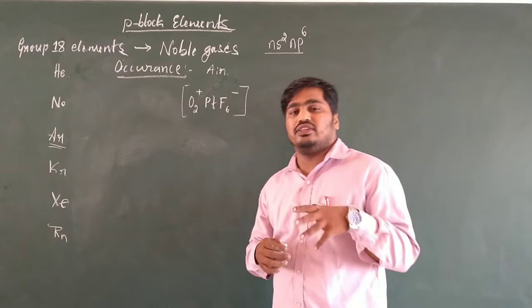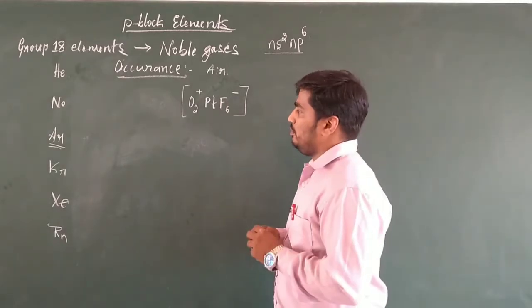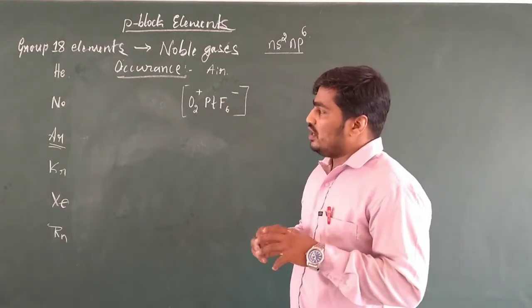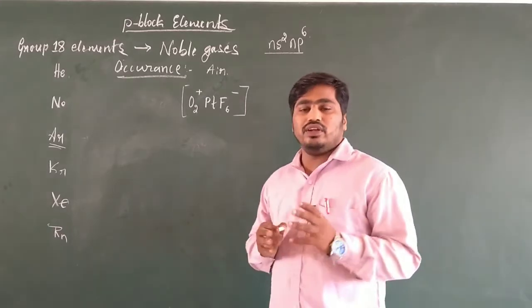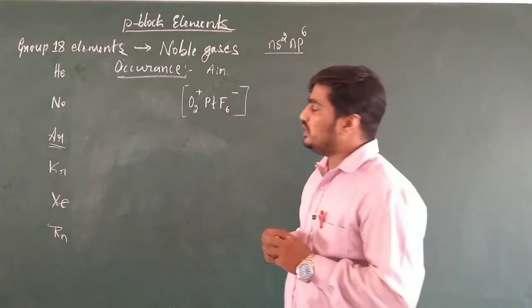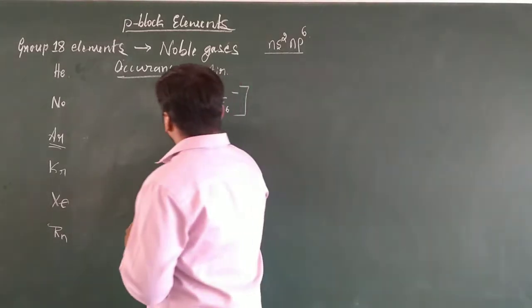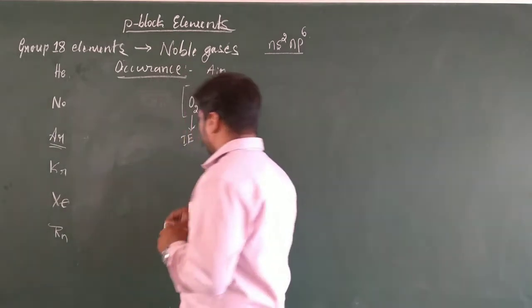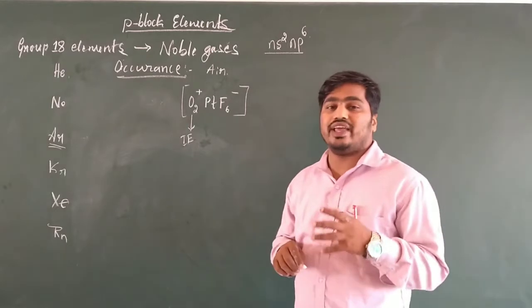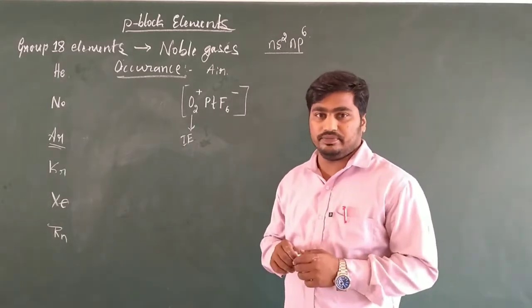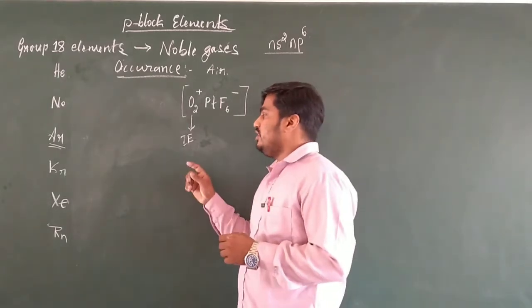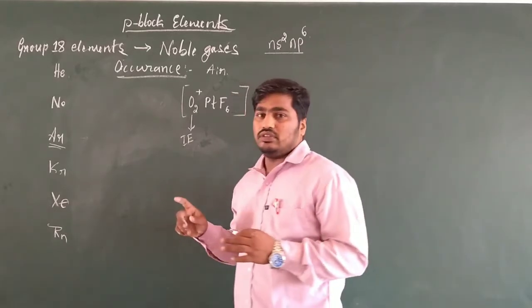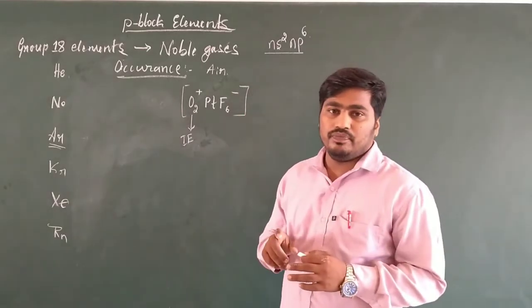During his experiment, he observed one important thing, the ionization enthalpy. He observed that the ionization enthalpy of oxygen is around 1170.